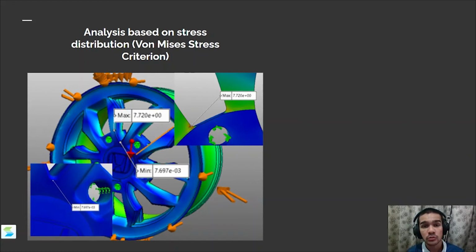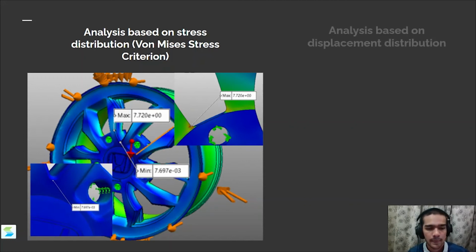This is because of the cross-sectional area of the rims. As you can see, the thinnest part of the rim, which is the spoke, has the maximum stress, and the thickest part of the rim has the minimum stress, as represented by this gradient of color.